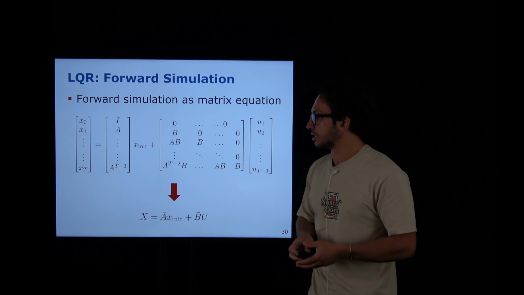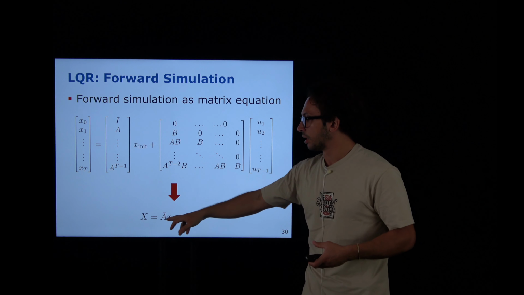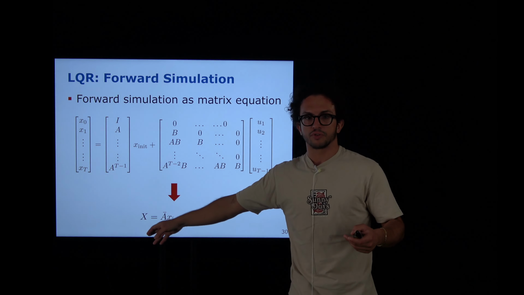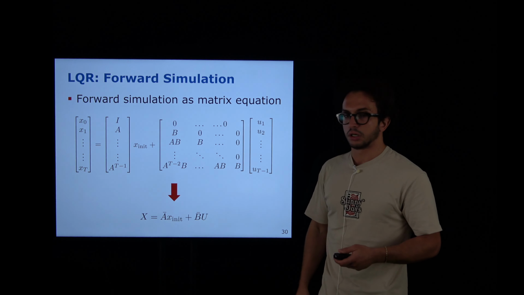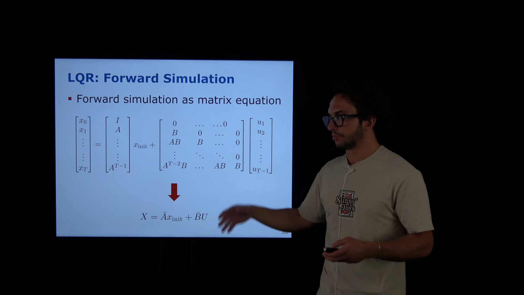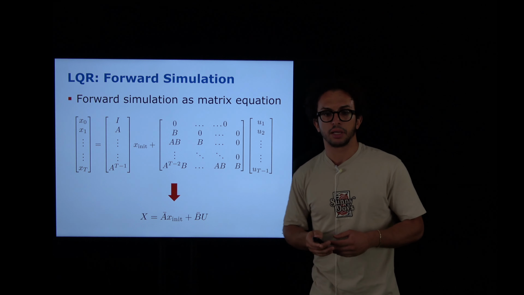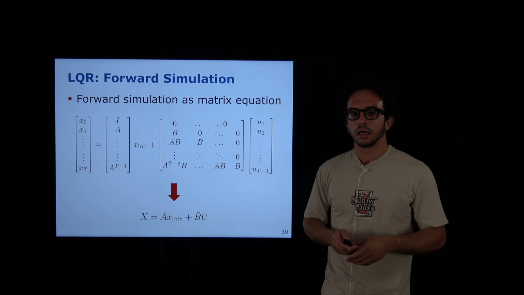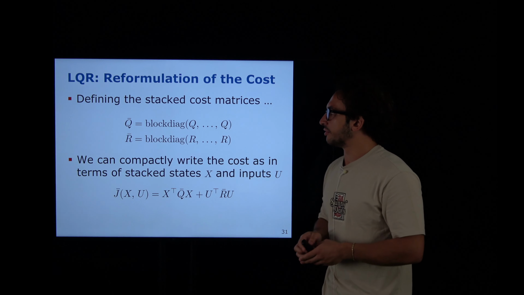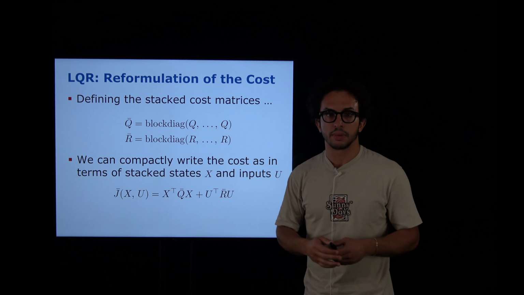And we can rewrite this in big matrix form, where the whole vector of states depends on the initial state and on the big vector of inputs that we've been applying to the system. Also, we define the stacked cost matrices.